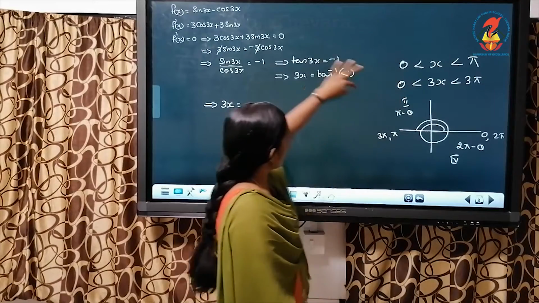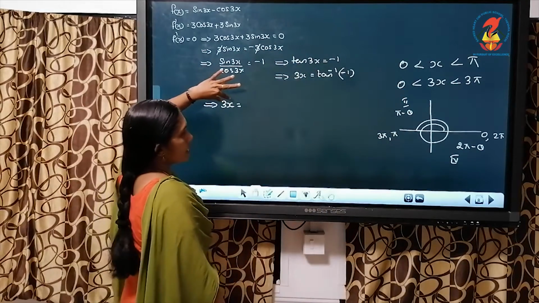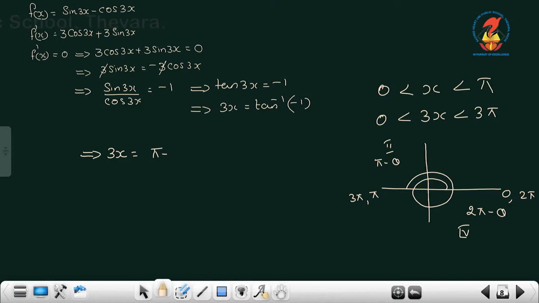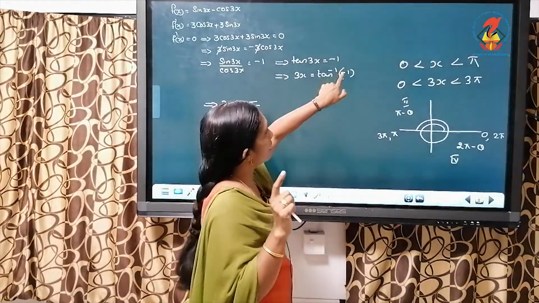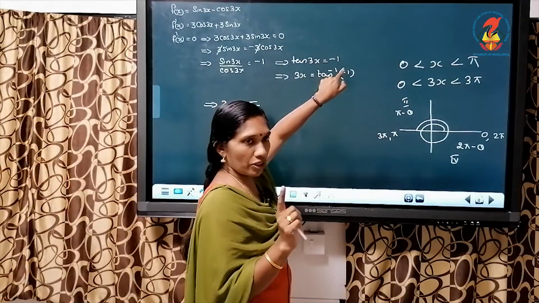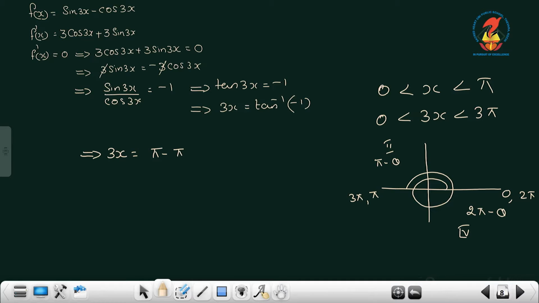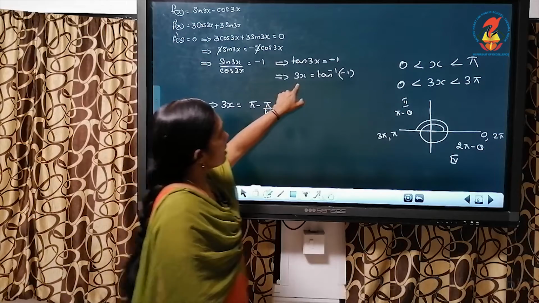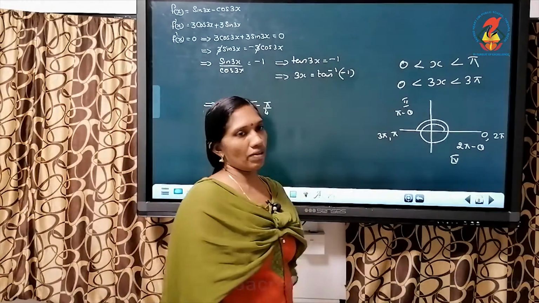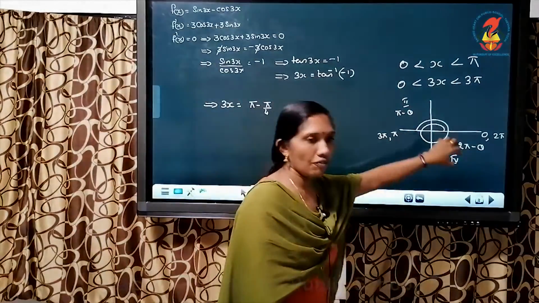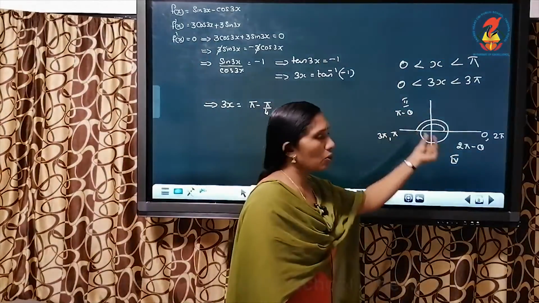So first value, I am writing 3x is equal to the first value from the second quadrant, pi minus theta. What is theta? Theta means when the tan value is 1. 1 means at 45 degrees or pi by 4. So the first value is pi minus pi by 4. Is it clear? 3x is equal to tan inverse minus 1. Tan value is negative. So tan is negative in second and fourth quadrant. So you have to write those values.